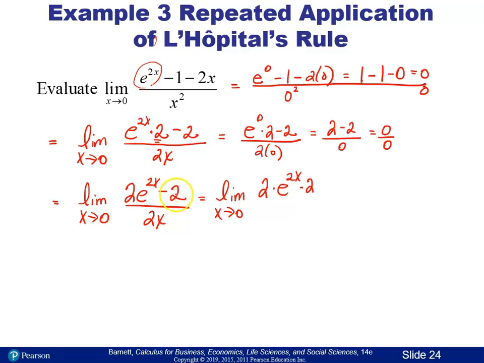The derivative of 2 is 0. The derivative of 2x would be 2. Okay, so these 2's actually will cancel out. And if I plug 0 in here, I'm going to have 2 times e to the 0, which is 1. So I'm going to end up with 2 as the value of my limit. So in this case, I had to apply L'Hopital's rule twice before I got an answer.